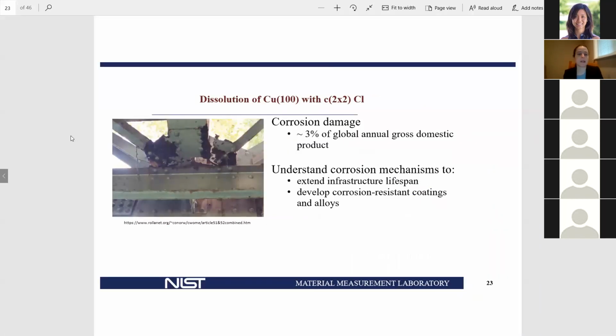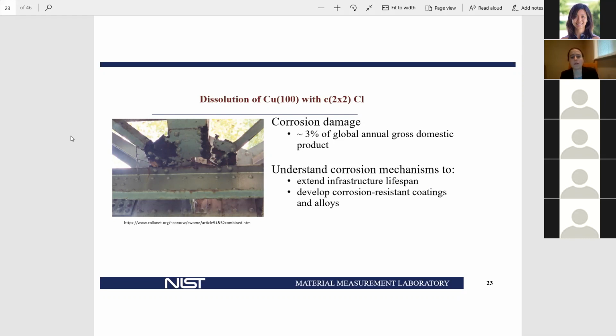So now changing subjects to discuss the third topic, the dissolution of copper 100 with C2x2 chloride. First I'd like to mention that corrosion damage is responsible for approximately 3% of global annual gross domestic product. And if we could find ways to decrease the amount of corrosion damage that happens, we could potentially save vast amounts of money and resources.